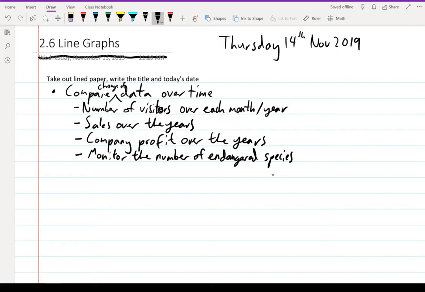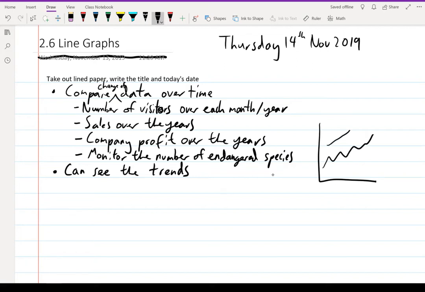Okay, and the really good thing about line graphs is that we can easily see the trends that are happening. So just for example, if I have a line graph that looks like this, okay, this is a trend that there is a rising trend.